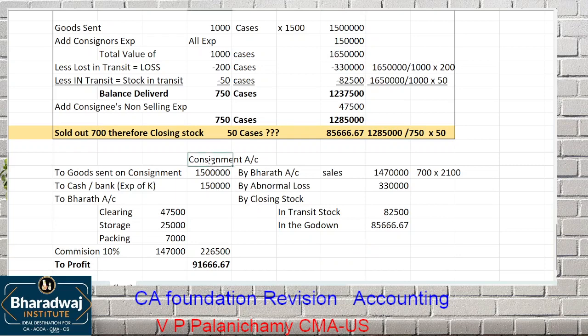Here there is no loading removal. Why? Goods are sent at what price? Cost price. So in the problem, what is the extra thing we learned? There is a stock in transit. Goods yet to be delivered, we call it which one? In transit stock.